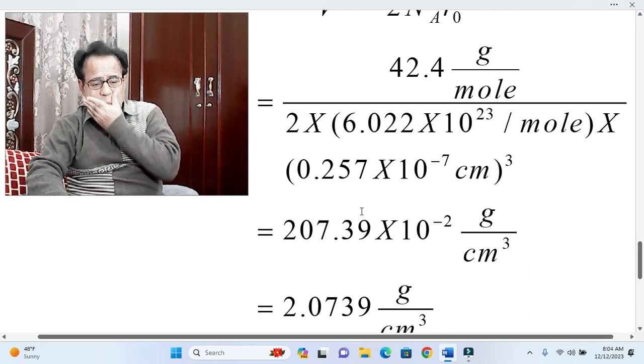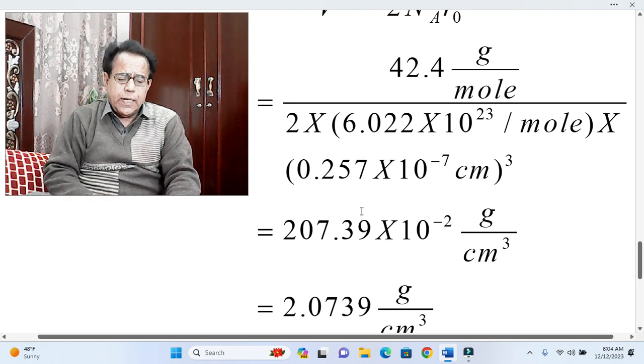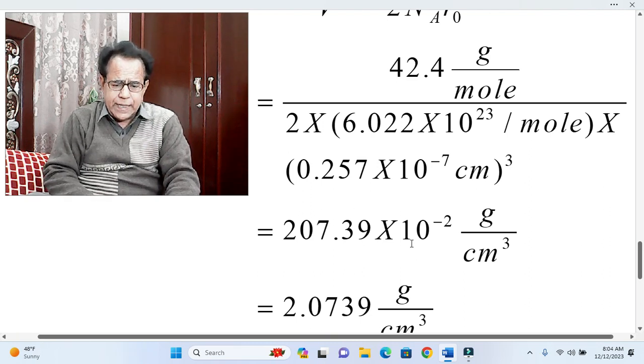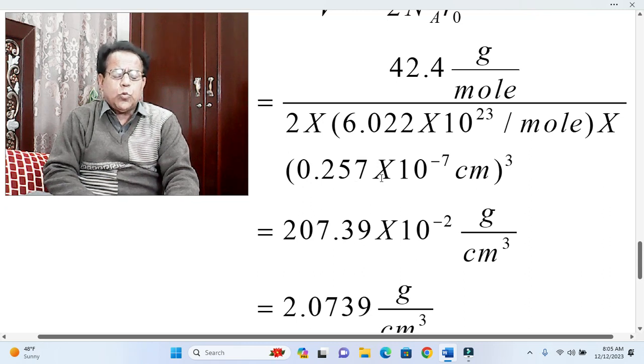This is equal to 207.39 into 10 raised to the power minus 2 gram per centimeter cube. Dear students, from where has this value come? We multiplied 2 with 6.02, which becomes about 12, and then we multiplied 0.257 into 0.257 into 0.257, three times this number.